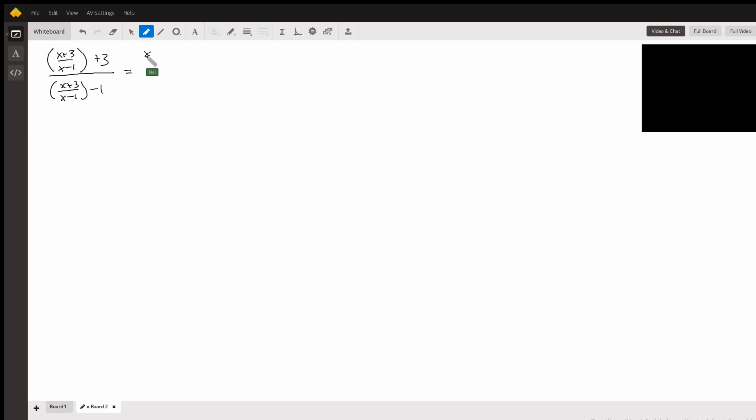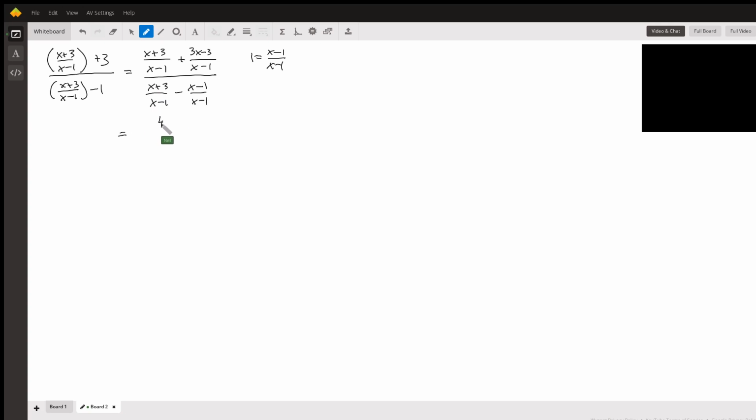This is going to be x plus 3 over x minus 1 plus, we're still going to have 3, which can be represented as 3 times 1. What we can do is define 1 equals x minus 1 over x minus 1, because anything over itself is 1. So we get 3x minus 3, over x minus 1, in the numerator, and x plus 3 over x minus 1 minus x minus 1 over x minus 1 in the denominator.